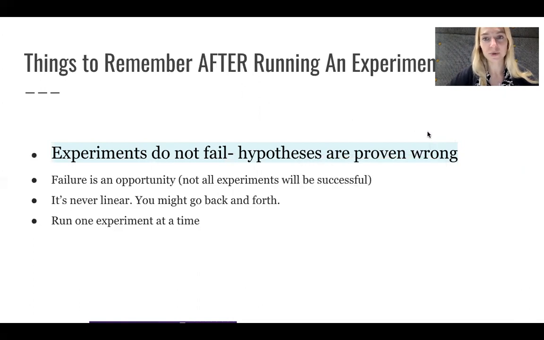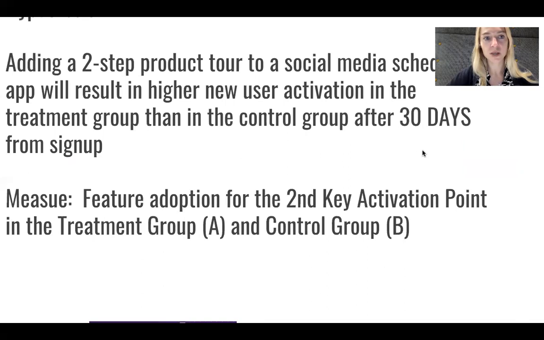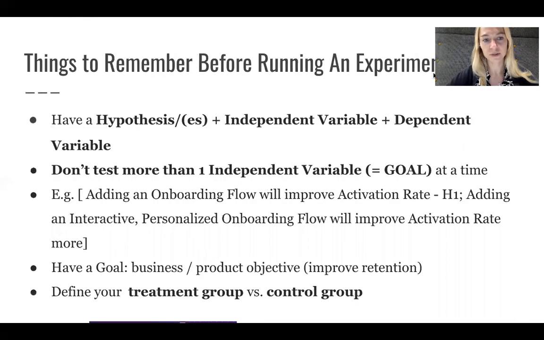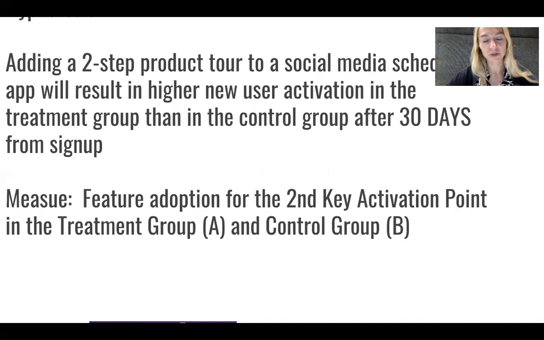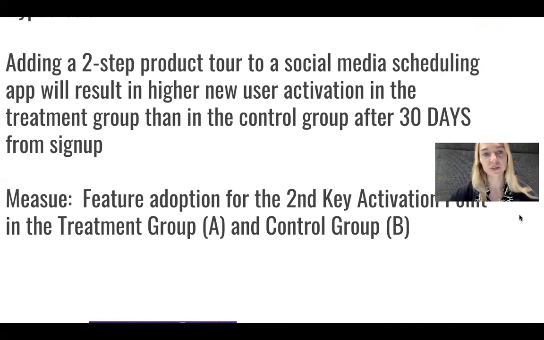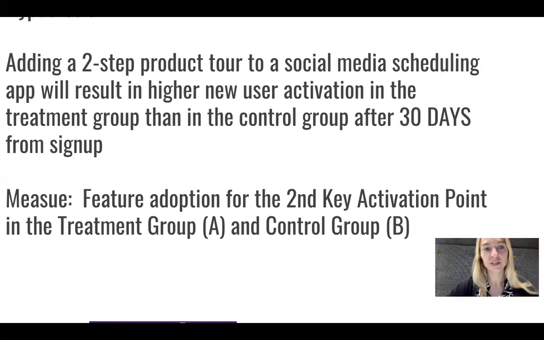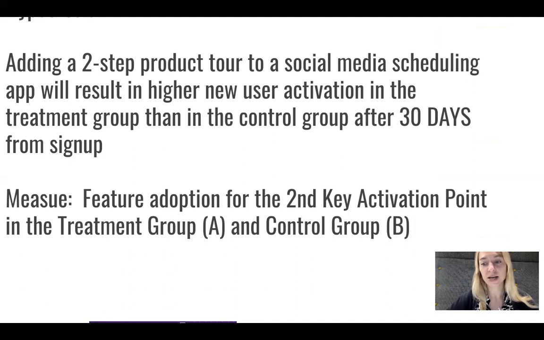All right, I think we're done with the theory. My first experiment, my first hypothesis, will be that adding a two-step product tool to a social media scheduling app, Post50, will result in higher new user activation in the treatment group than in the control group after 30 days from sign up.